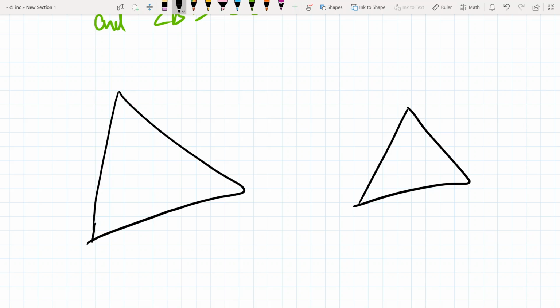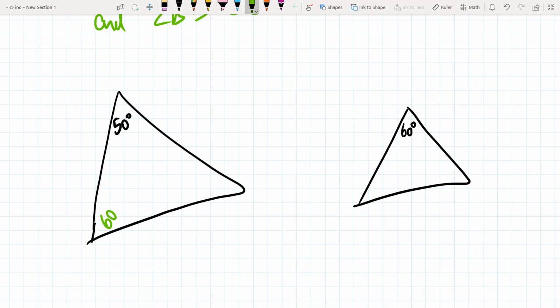Also, let's say, for example, they give you that this is 50 and they give you that this is 60. You might make an assumption here that, oh, wait a second, the top angles aren't the same. Therefore, these triangles can't be similar. Well, that's not true. Remember, you can rotate, you can slide, you can flip these triangles around without changing them. Just because the top angles aren't the same, that doesn't mean, for example, this 60 might not actually match up with that top one.